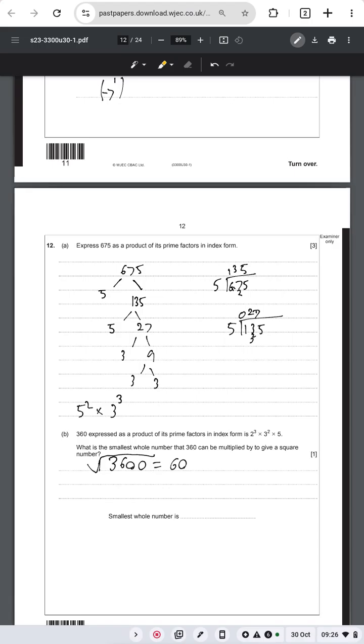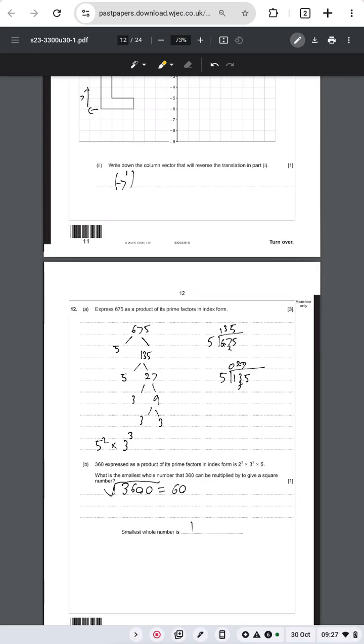Therefore, we need to multiply this by 10. So what is the smallest whole number that 360 can be multiplied by to give a square number? It's going to be 10.